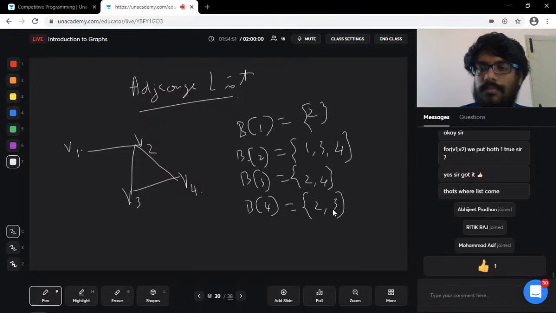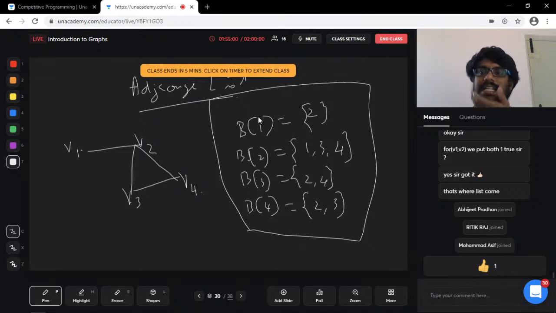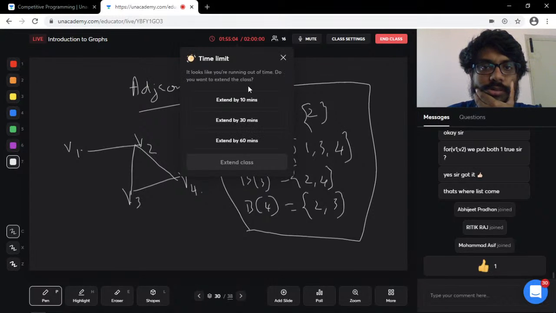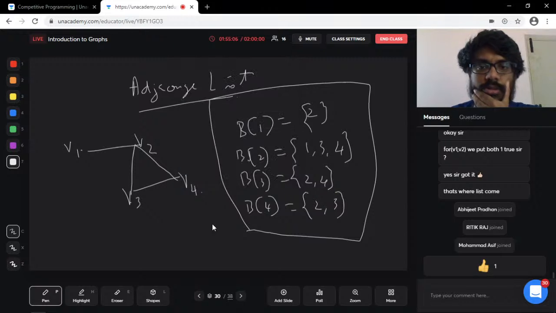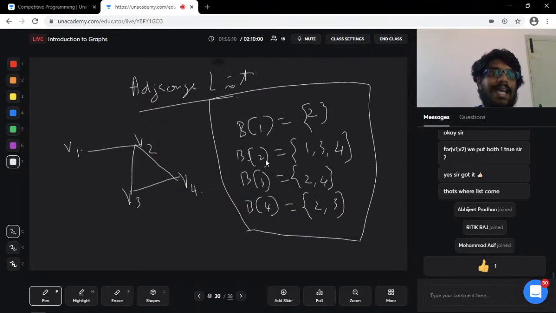And this is my adjacency list. So it's basically n different lists, where the ith list contains all the neighbors of the ith vertex.